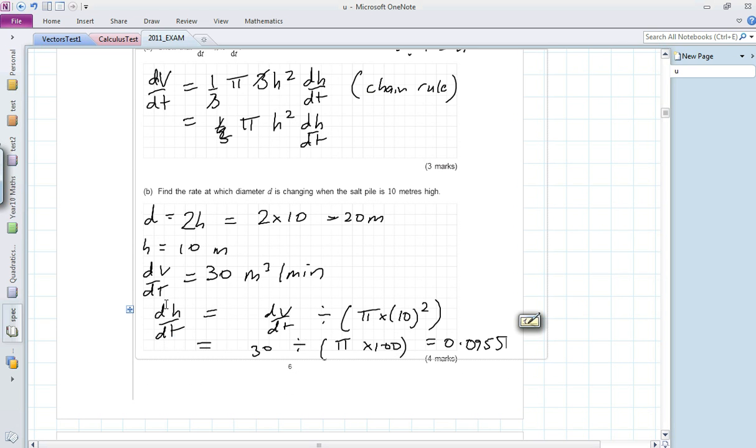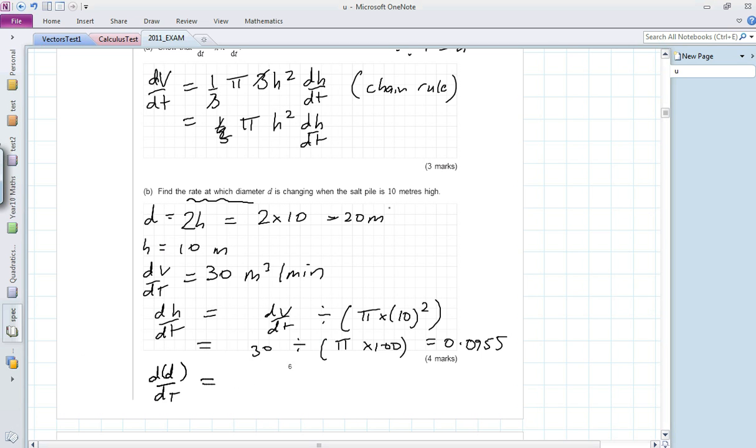Okay, so that gives us the rate at which the height is changing, but we're not actually asked to work that out. We're asked to work out at what rate the diameter is changing. So we're actually being asked to work out what dd/dt is.